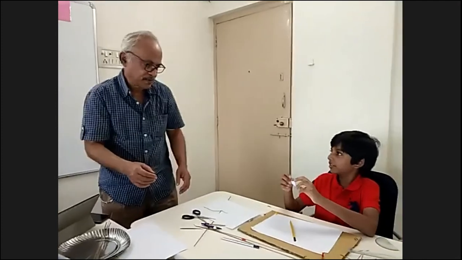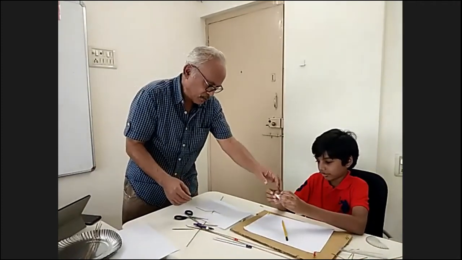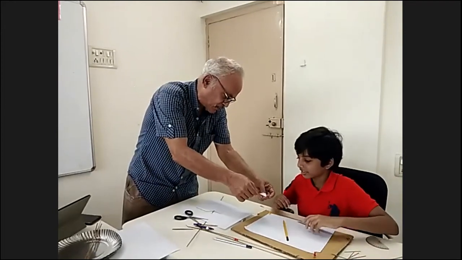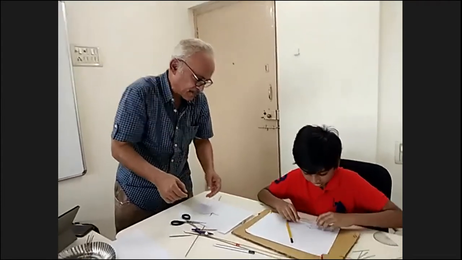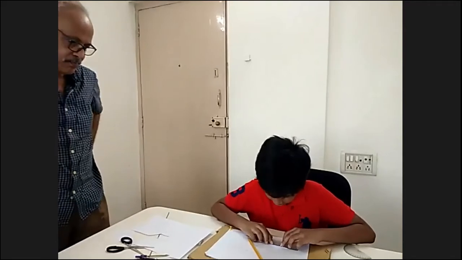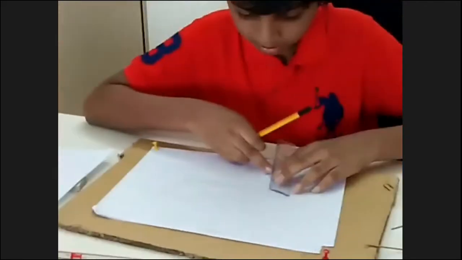Done? Okay. Open it up. Now use a scale and carefully draw AD and BC along the folds.